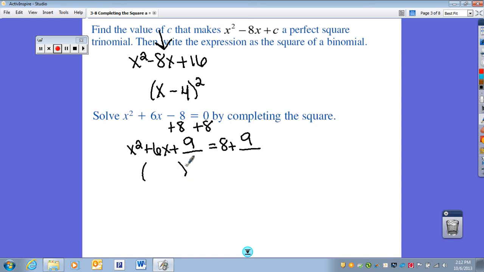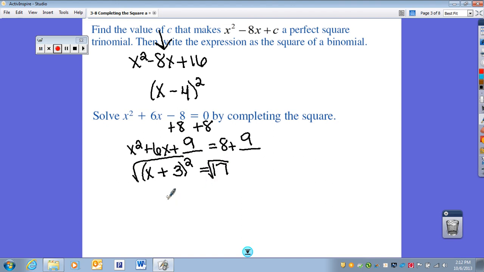Step 4 is to factor. Remember, when we're factoring, we take the square root of x squared, the square root of 9, and using the sign of the middle term. And we will combine like terms on the right side. Then we solve by doing the inverse operation, which is to take the square root of both sides.